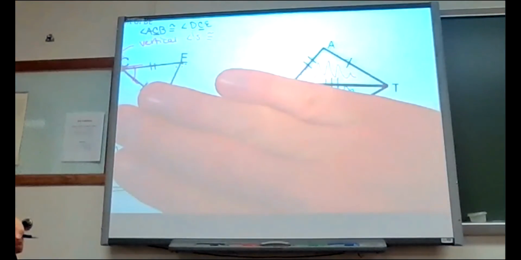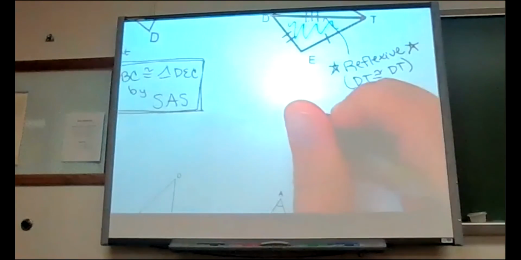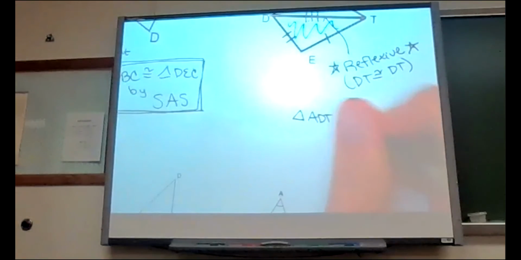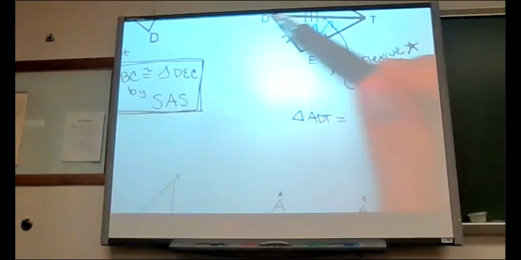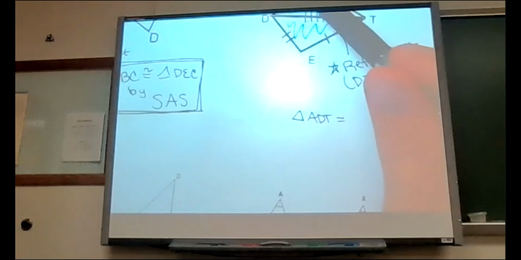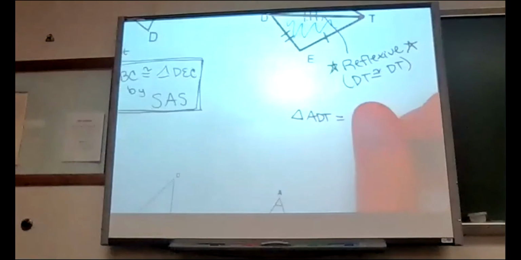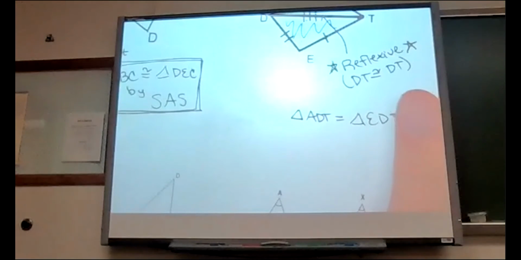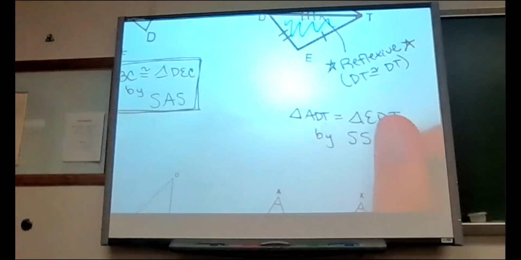I have side, side, side, and that triangle matching the other triangle. So triangle ADT, and again, order matters, but I'm trying to speed up a little bit. So ADT goes to EDT, by side, side, side.